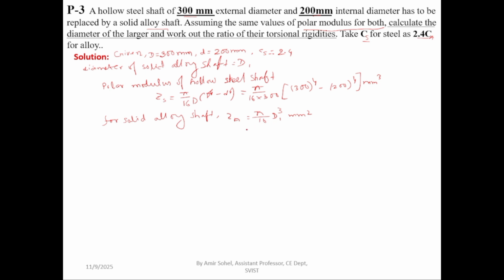Right? Now, since the polar modulus of both shafts is the same, we can equate them. If we name the first equation number 1 and the second equation number 2, we can equate equation 1 and 2.